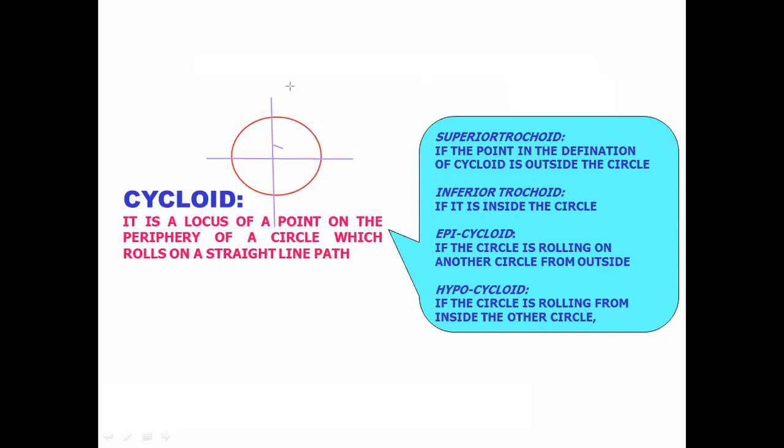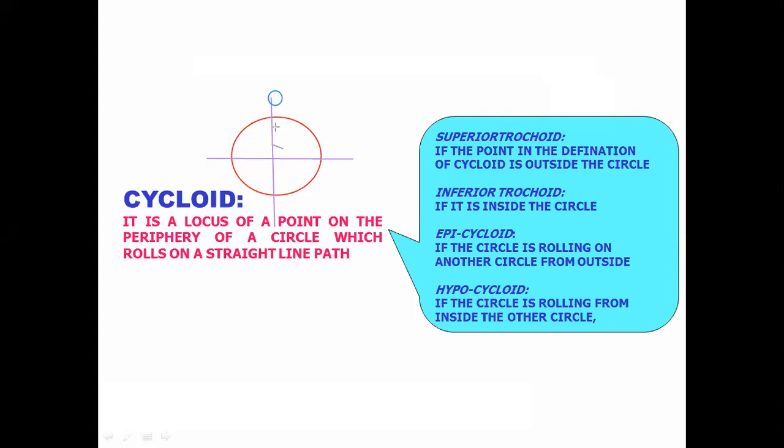Then if our point is here, the point which we are locating, or say following, tracing is a better word, then it is called superior trochoid because it's outside the periphery of the circle.